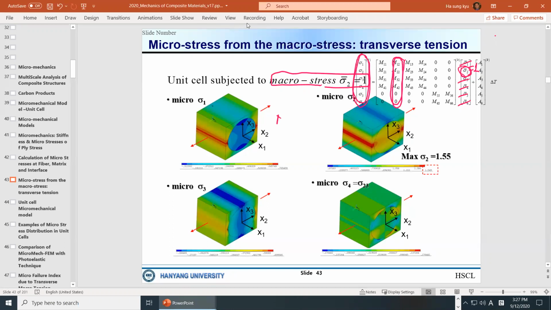This color represents m12. This color represents m22, and so on. There is 0, 0 because the FEM shows no value. So we found from FEM. This is how we calculate all these m values.